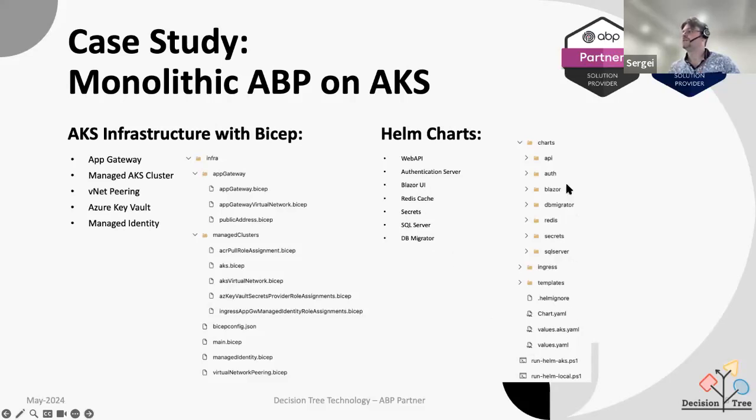So as you can see, even for a monolithic architecture, which is simple relative to microservices, there are quite a few configurations which need to be dealt with and automated.